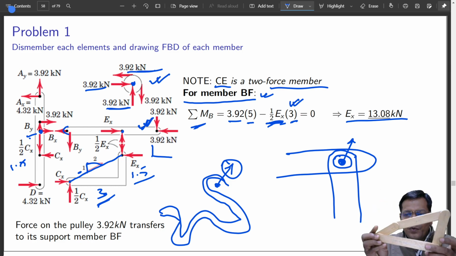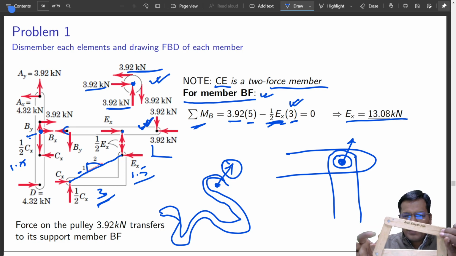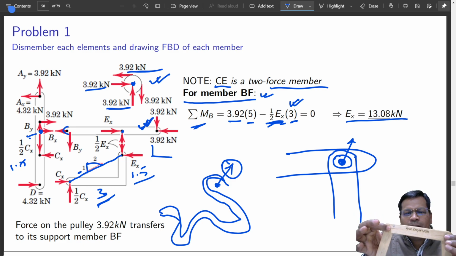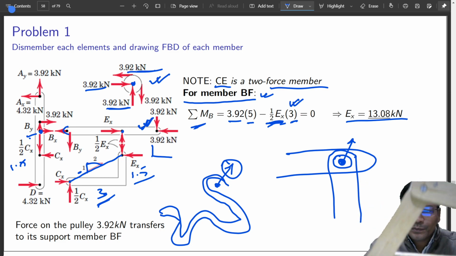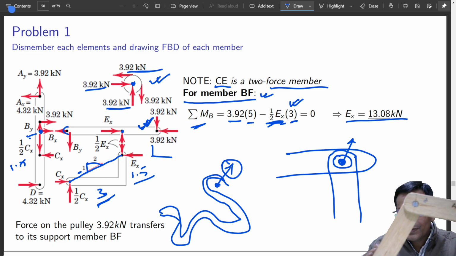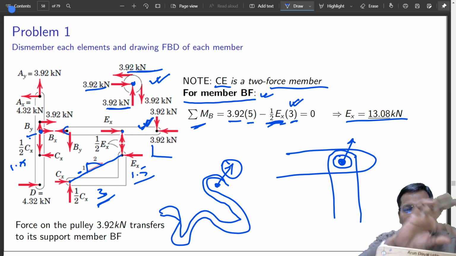This is a 4 bar mechanism. Same way, whatever force comes over here, which is required to make this one balanced, that force has to be applied here. It is this pin, there is a pin which is here. So it is this pin which takes up the load, and it is not this shape which matters.